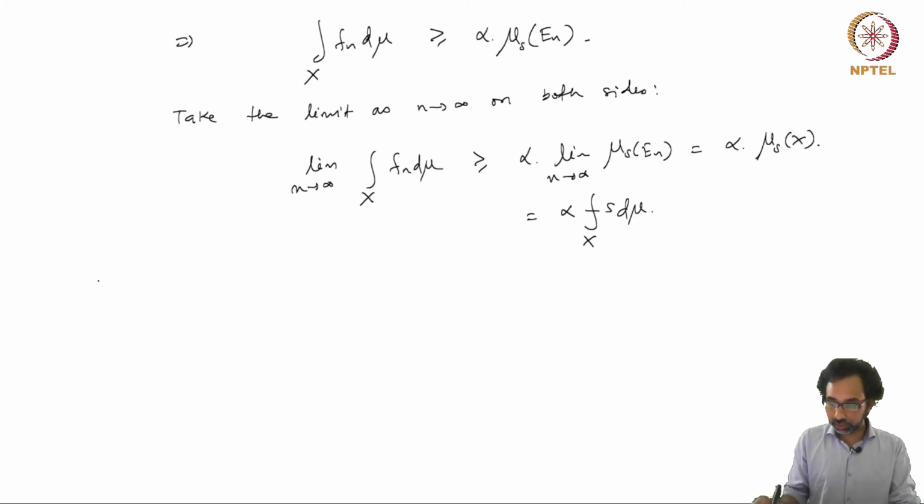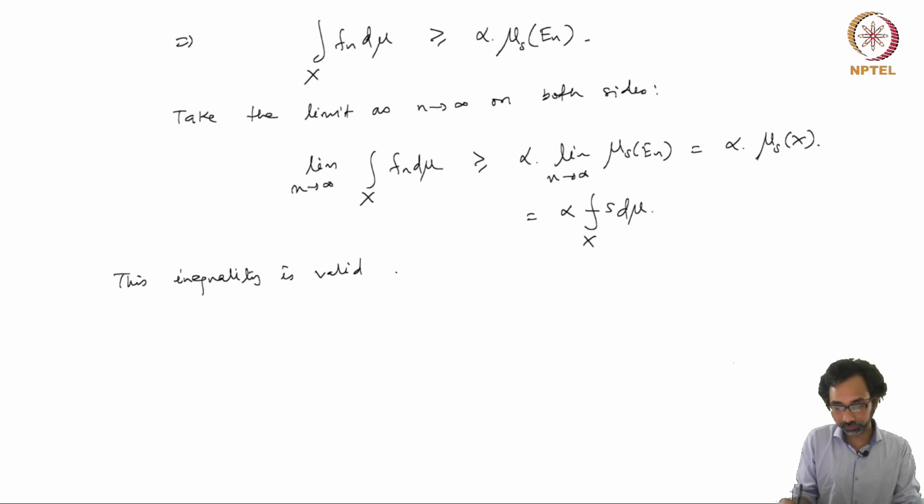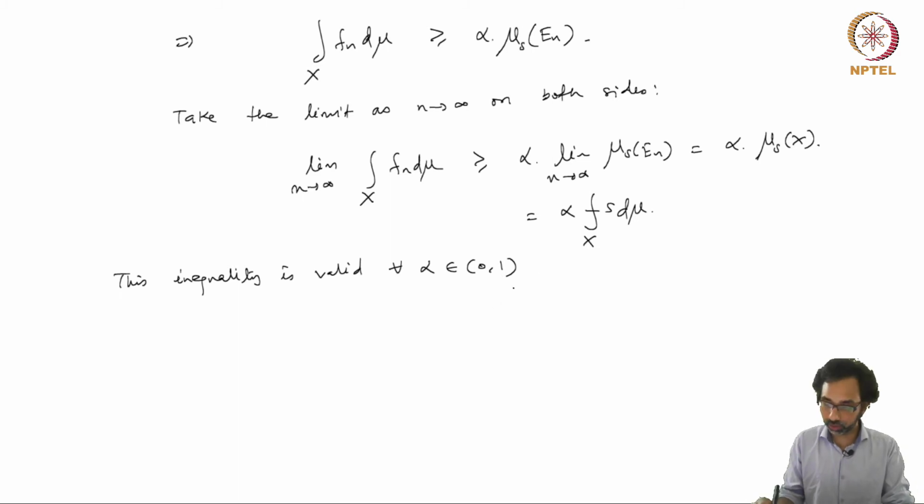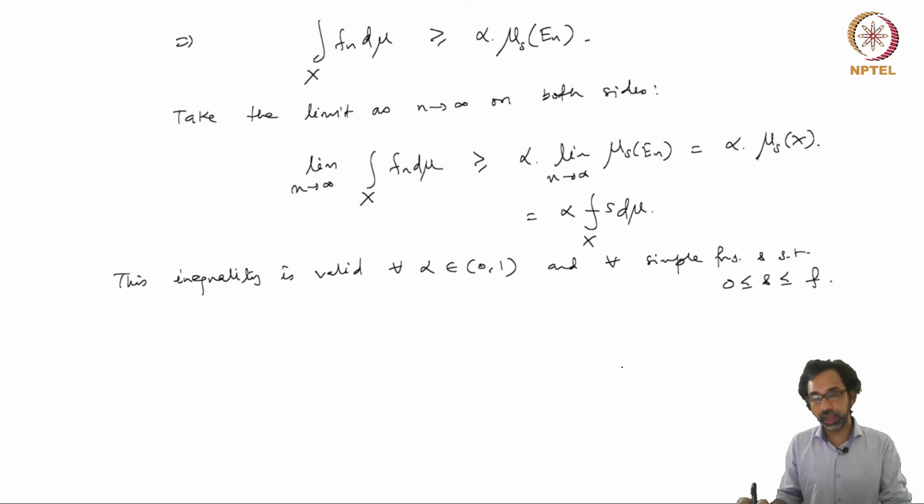So now note that this inequality is valid for all alpha strictly between 0 and 1, and for all simple functions s such that 0 is less than or equal to s, which is less than or equal to f.